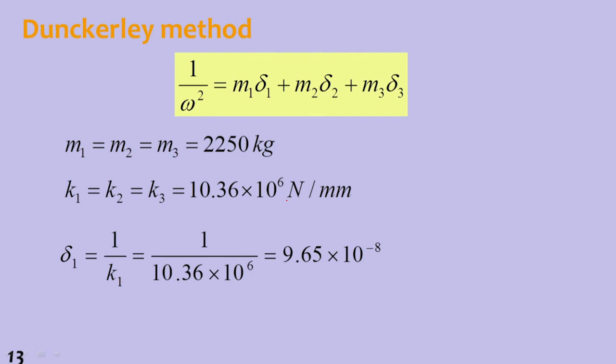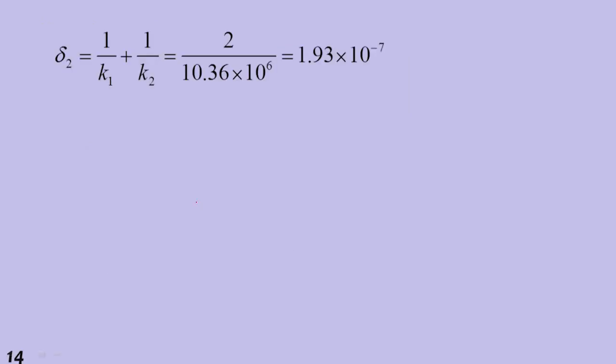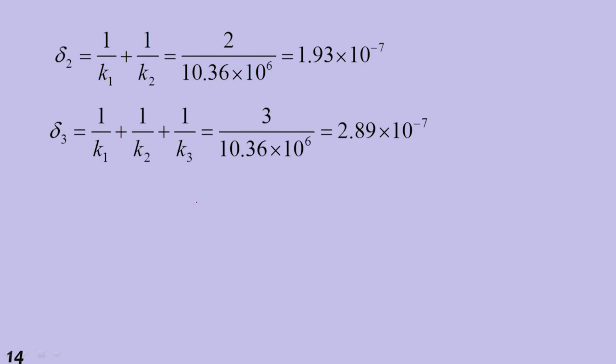If we use those flexibility coefficients, we get delta 1 as 1 by K1, value 9.68 into 10 to the power of minus 8, and delta 2 as 1 by K1 plus 1 by K2, so we get 1.98 into 10 to the power of minus 7, and delta 3 as 1 by K1 plus 1 by K2 plus 1 by K3, so the delta 3 value is 2.89 into 10 to the power of minus 7.